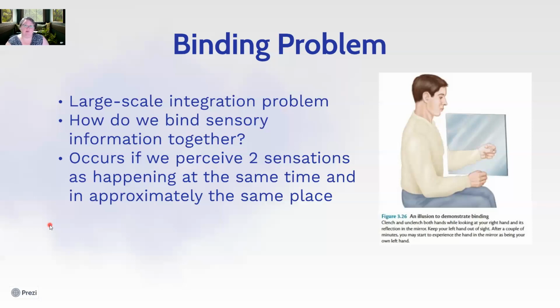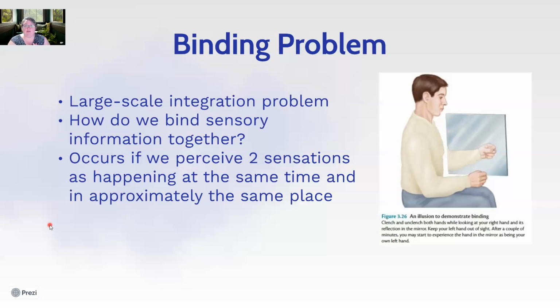The text gives us a couple of cool examples of how to sort of help this click in our minds. The first example they give is of a ventriloquist. A ventriloquist is someone who is talking without moving their mouth and moving the mouth of a doll so that we might perceive the doll is talking. And so we might perceive a doll is talking because we're perceiving that auditory sensation at the same time as seeing that doll's mouth move.